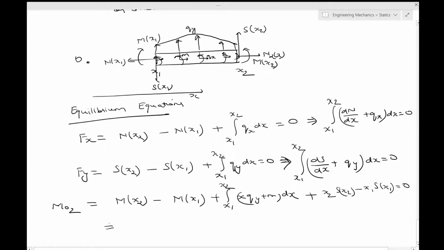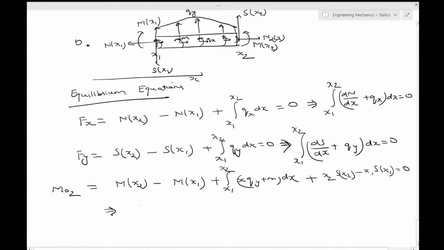This implies that the integral from x1 to x2 of dM by dx plus d(xS) by dx plus x qy plus m dx is equal to 0.